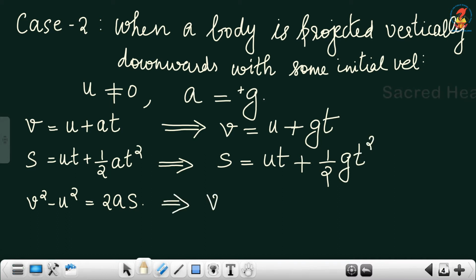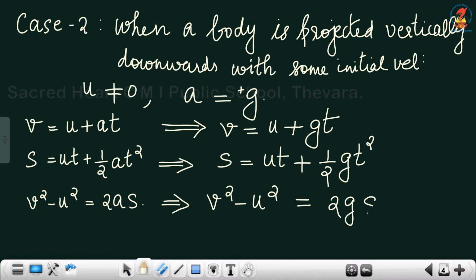Third equation becomes v square minus u square is equal to 2 into acceleration of the body, which is acceleration due to gravity, and it is having a positive sign. So 2 into g into s. So in this case, initial velocity is not equal to 0. Acceleration of the body is acceleration due to gravity and it is having a positive sign, since when the body descends down, the velocity increases and hence the acceleration due to gravity has positive sign.